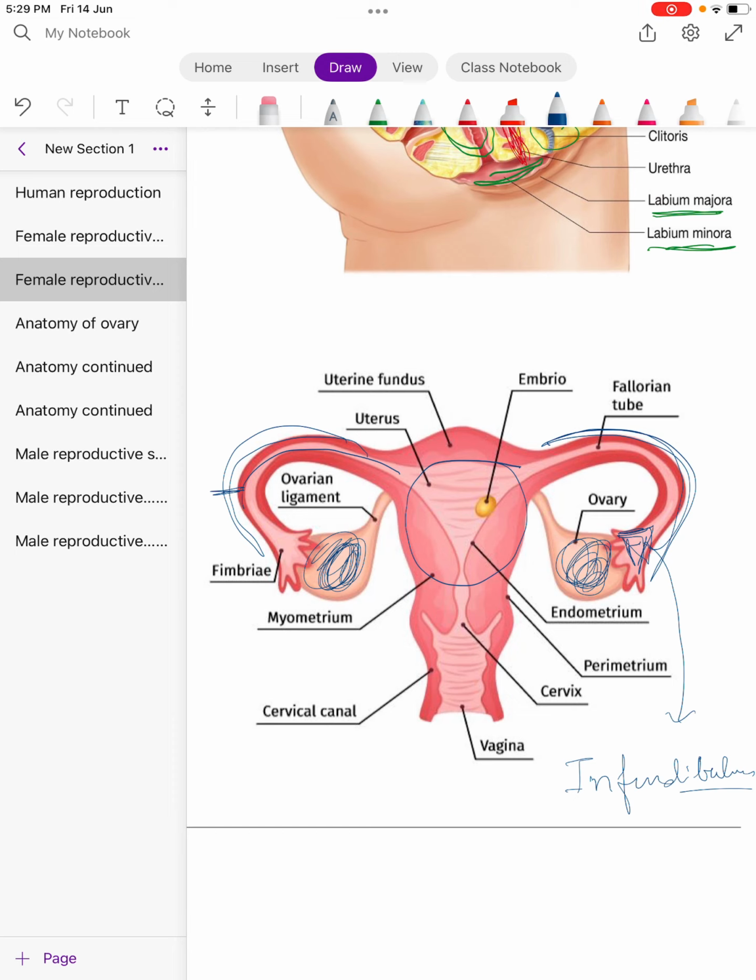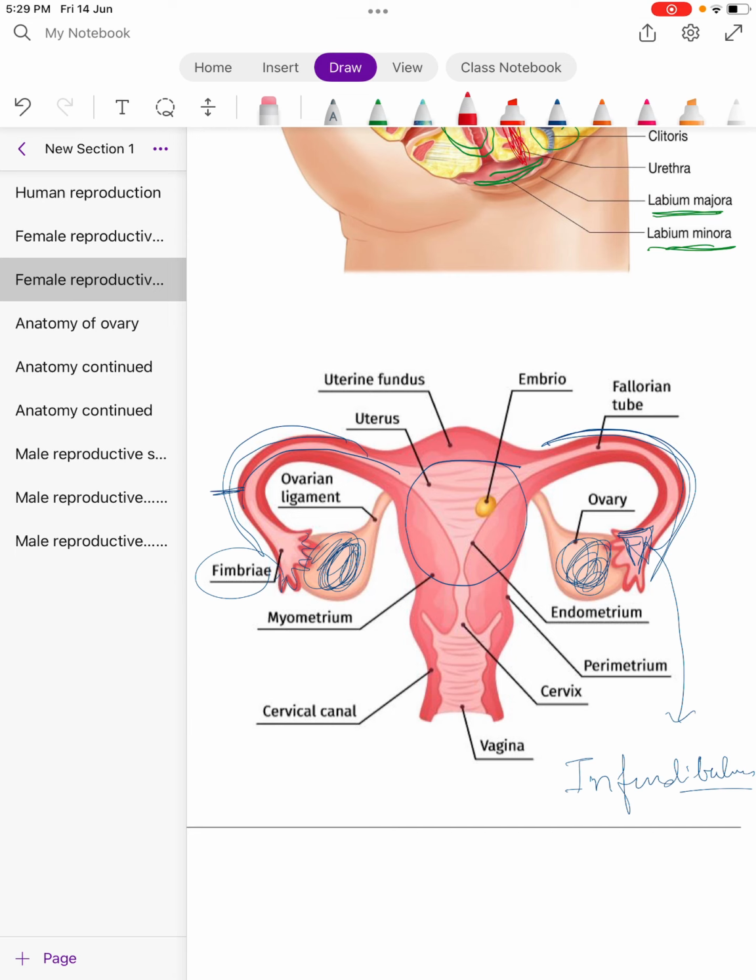Infundibulum has a central pore and finger-like projections called fimbriae. ये जो projections हैं यहाँ पे, so these are known as fimbriae. One fimbria is long and has a close contact with the ovary. Fimbriae have cilia for creating a current to pass the liberated egg from the ovary to the fallopian tubes.